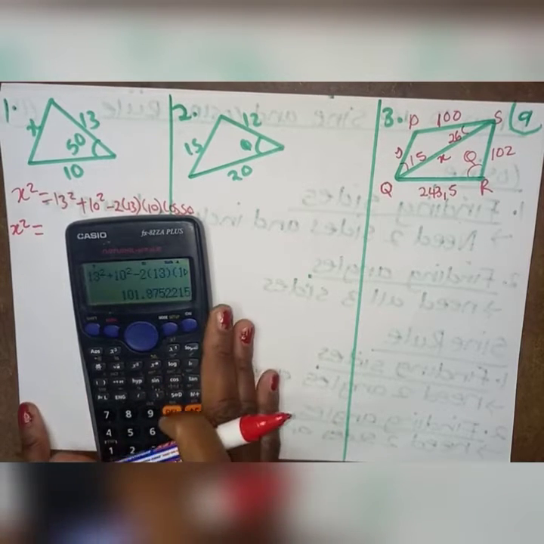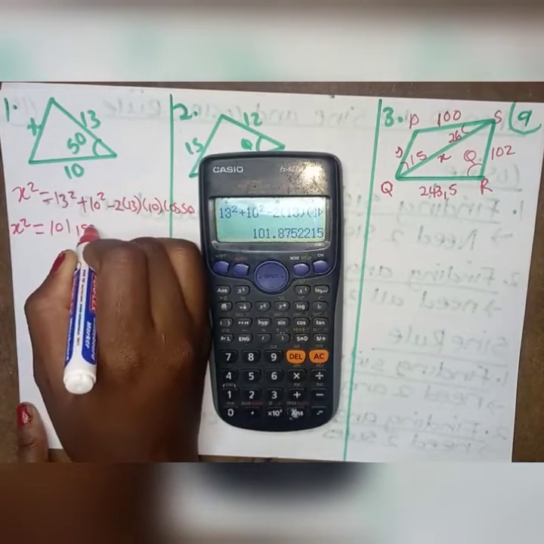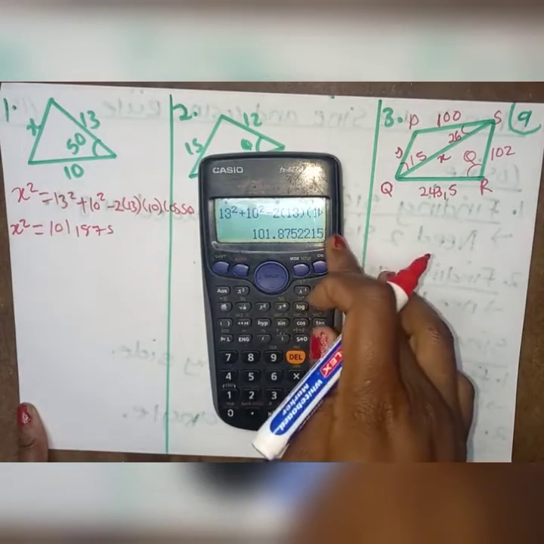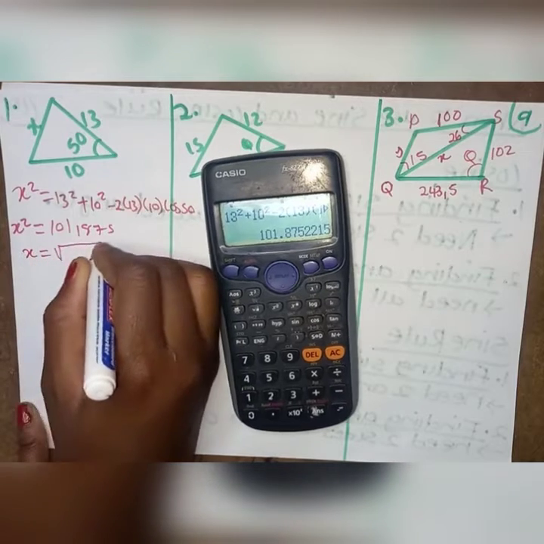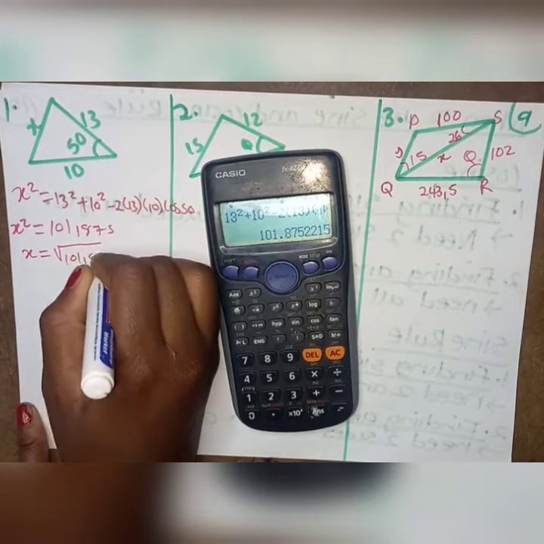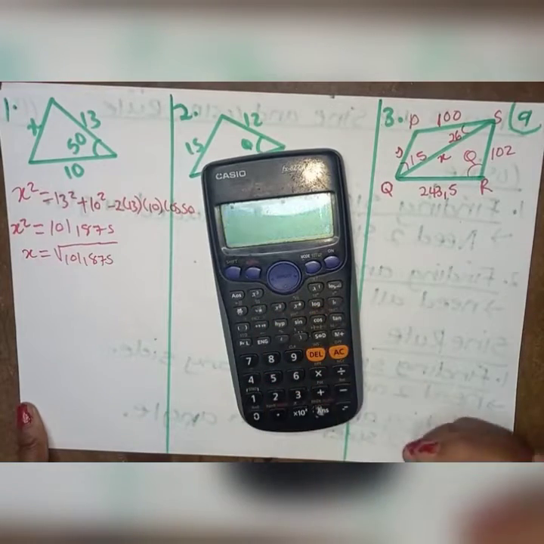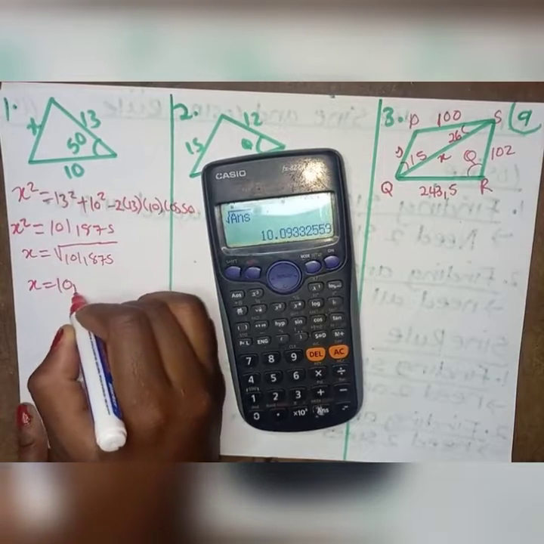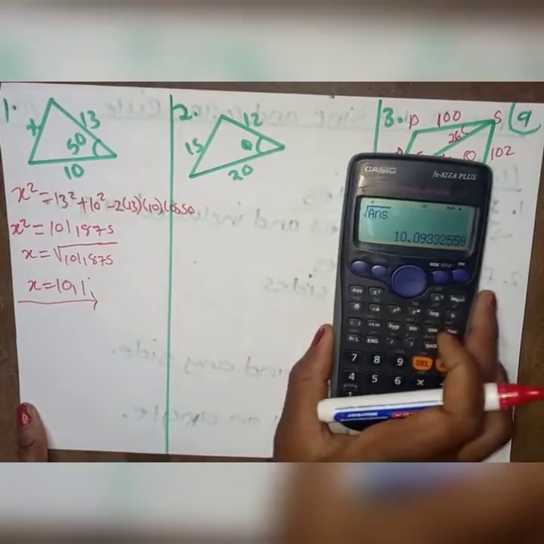We are getting 101.875. It's a very long decimal. I'll leave it as it is, but take note, I'm not deleting anything on my calculator. So my x is equal to the square root of 101.875. So I'll just say square root of my answer, and I'm getting my answer for x as 10.1, correct to 1 decimal place, right?